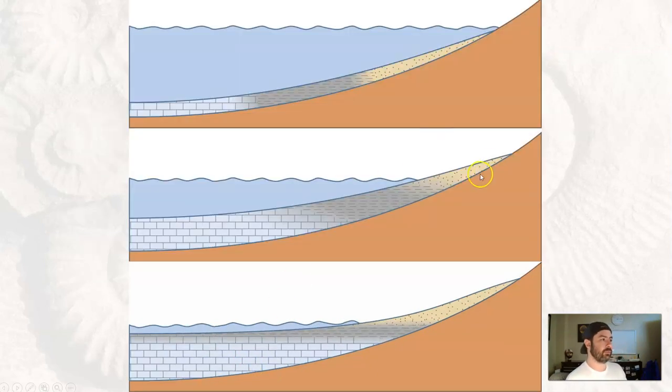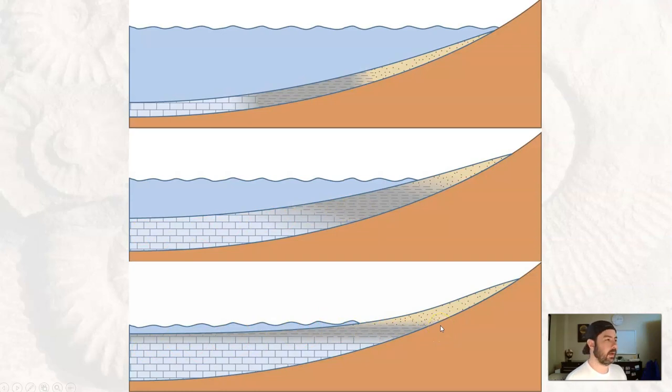So what this looks like through time, so let's say this is what it looks like at one point. Here's the sea level. Sandstone, shale, limestone is created from the sediment that's deposited in these areas. Well, the sea levels drop, and you can see kind of the sandstone, shale, limestone making its way further out. Sea levels further drop. Same thing happening.